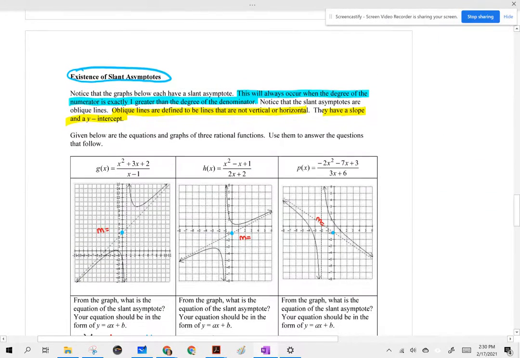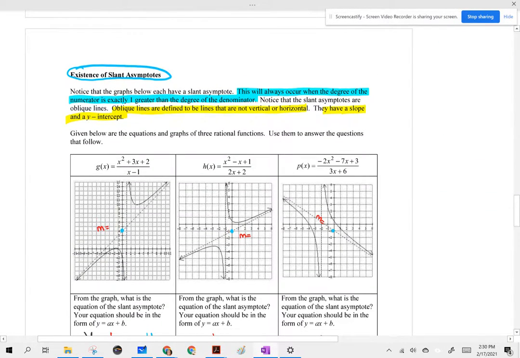So now we get to, well, if it's not a horizontal asymptote, then it's possibly a slant asymptote. Let's make sure we understand when we have a slant asymptote. This will always occur when the degree of the numerator is exactly 1 greater than the degree of the denominator. So if we have x cubed over x squared, then we are going to have a slant asymptote.